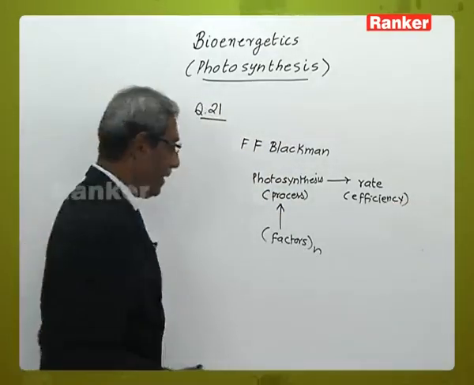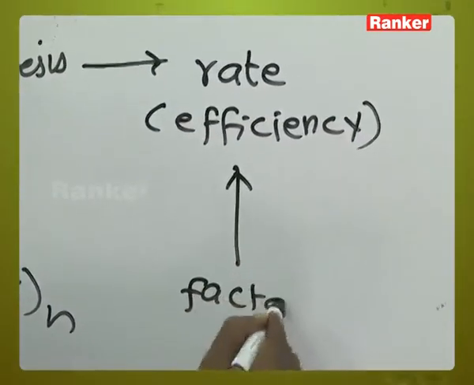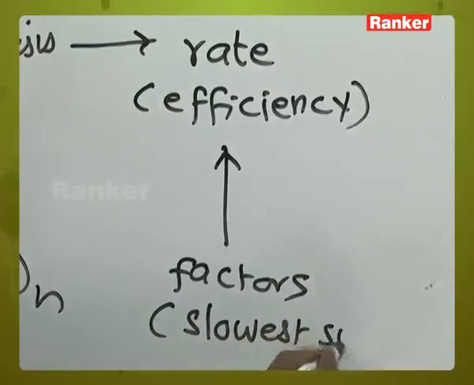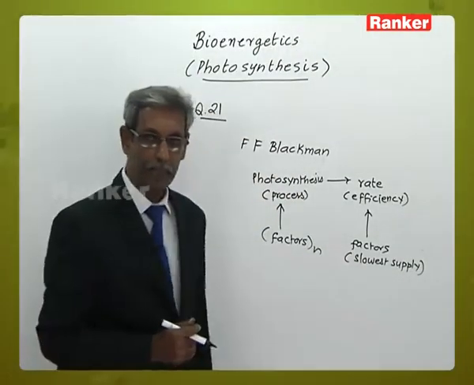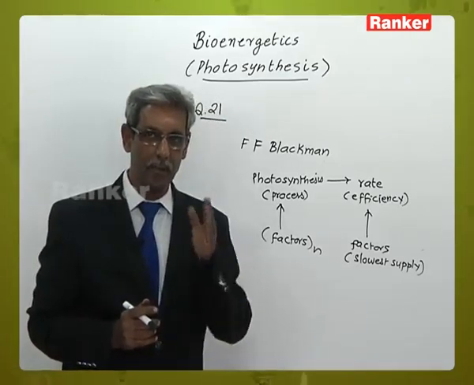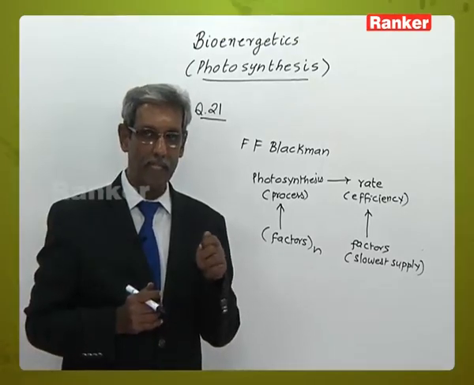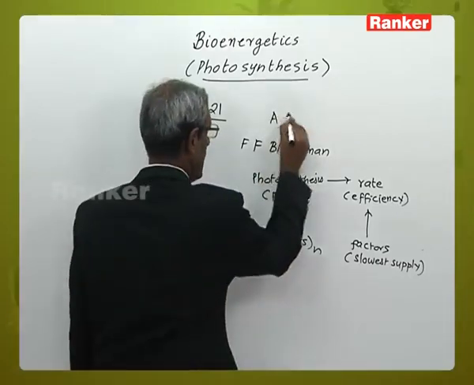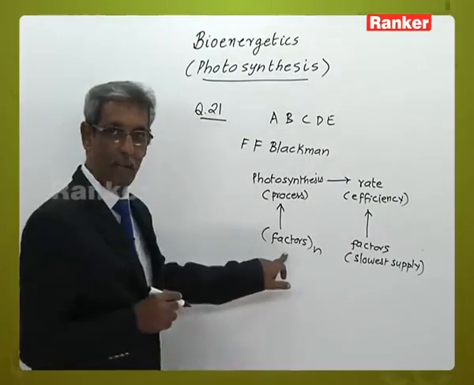this in turn is determined by the factor which is in slowest supply. It is similar to 10 runners who are just running on a race. The team which wins is made up of components, say players like A, B, C, D, E. They are just like the factors.